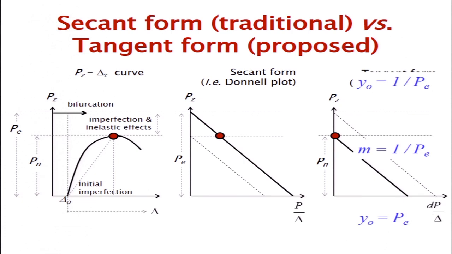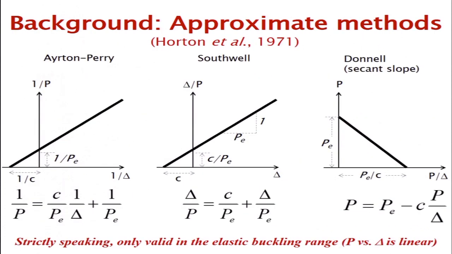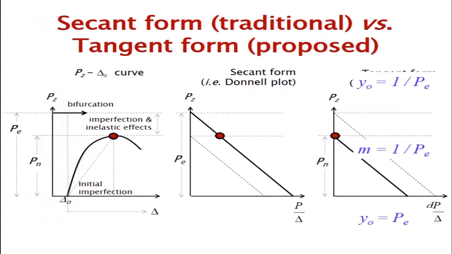And so what Mr. Perea did is, rather than looking at the secant, because that's really what all of these formulas are doing, they're looking at the change in load versus the change in deflection, which means you're looking at the slope or the secant line. He decided to try to look at what happens to the tangents.